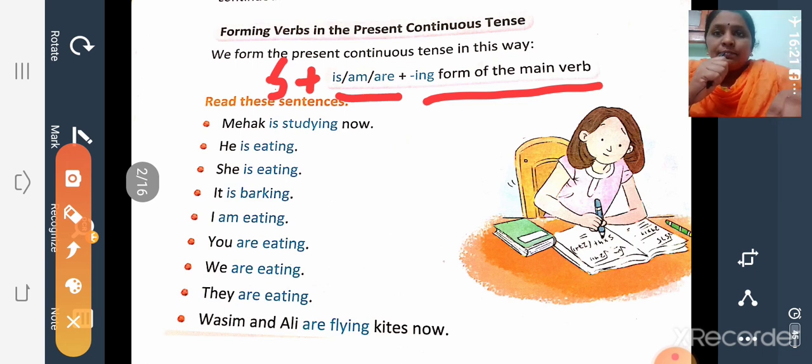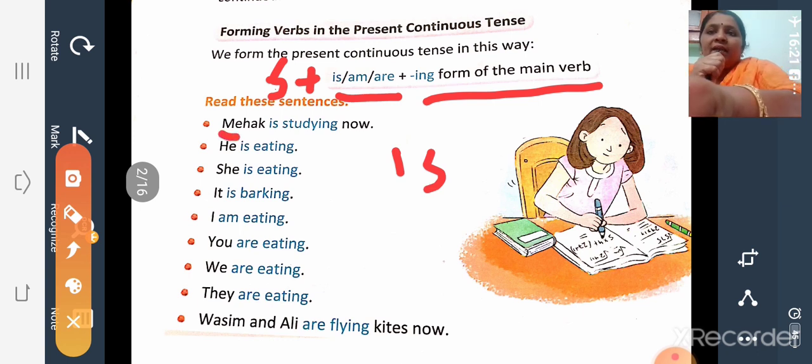Subject plus is, are plus ing form of the main verb. If the subject is a singular noun or pronoun, we use is. For example, Mehak is, he is, she is, it is. So along with singular nouns and pronouns, we use the auxiliary verb is.